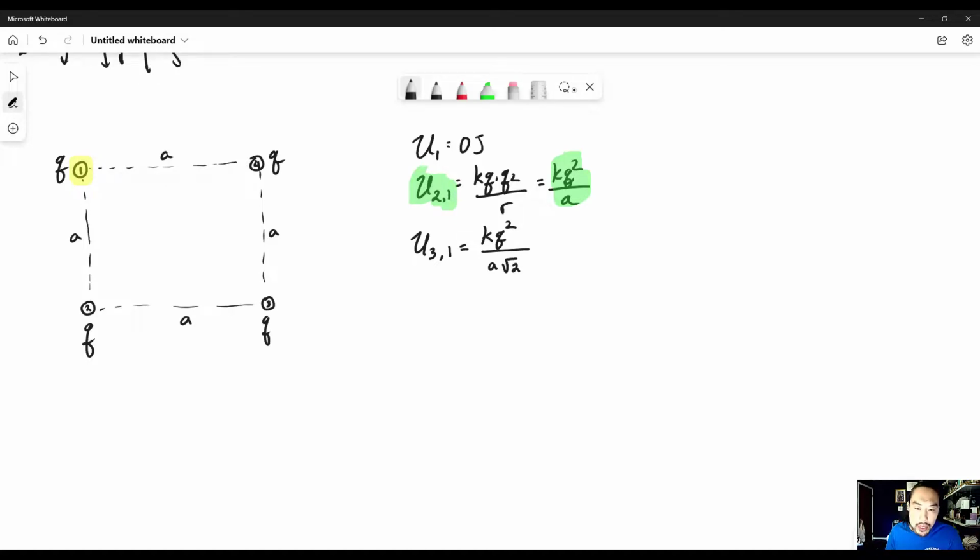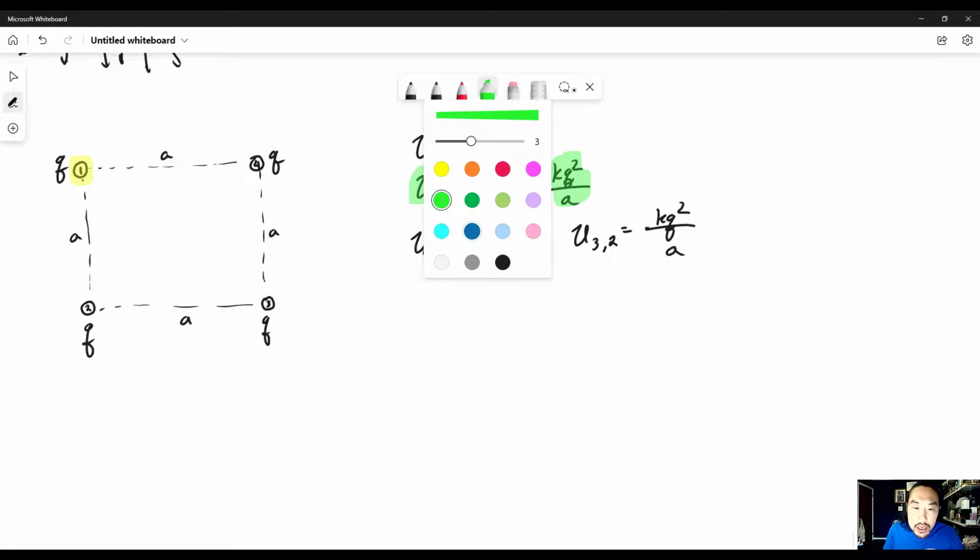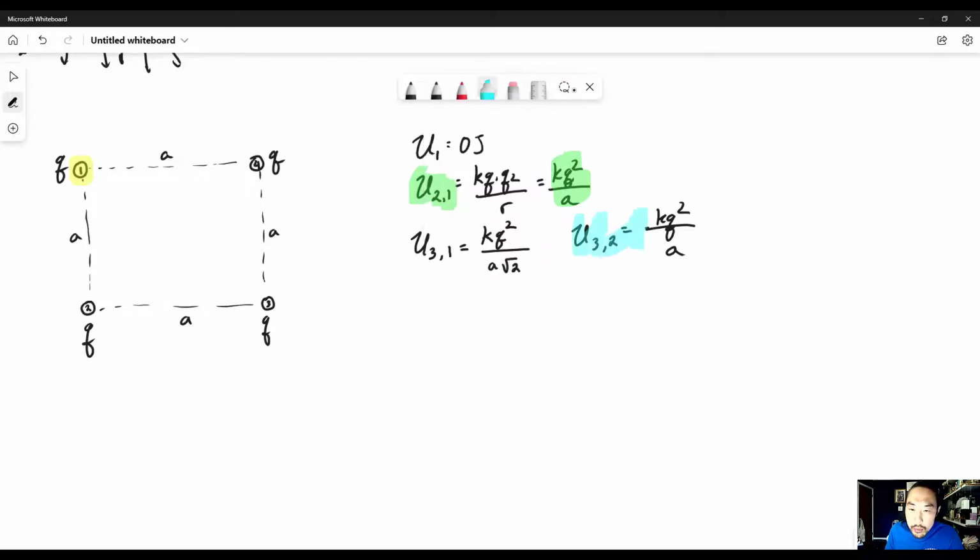And we can also say that in order to move charge 3 against charge 2, because we're moving charge 3 against the fields of 1 and 2, it'll just be KQ squared all divided by A, because the distance between them is A. So I'm going to highlight that in a different color so that we can see why later on.